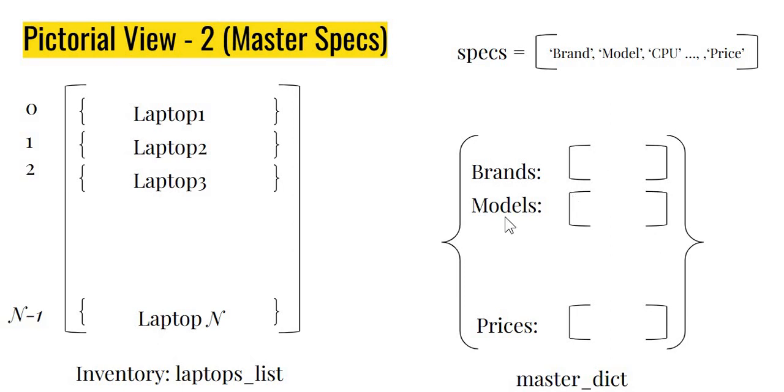Notice in this dictionary we use keys as strings, but the values were all lists, which made sense because we were randomly picking up data from these brands and models, and populating each of the laptops. One side we have a list of dictionaries, other side we have a dictionary whose values are lists. Remember, keys cannot be lists, keys are still strings, and they are just plurals of this.